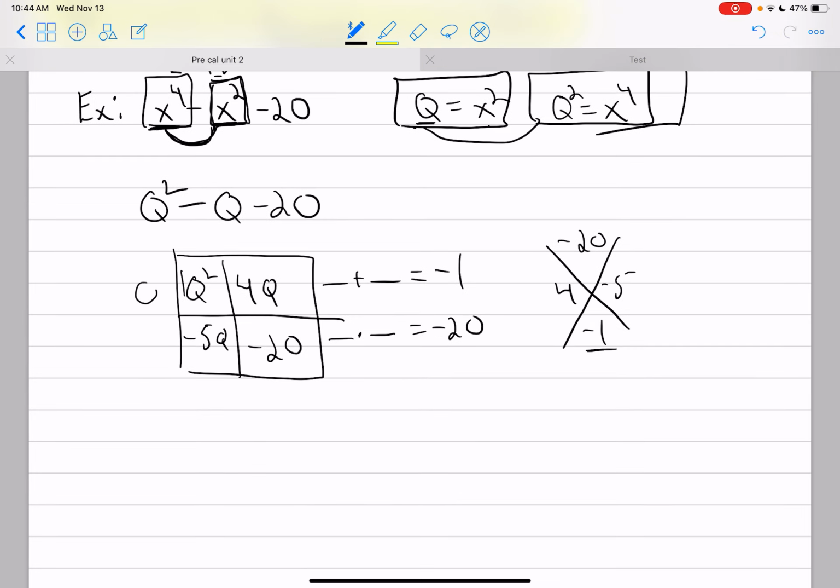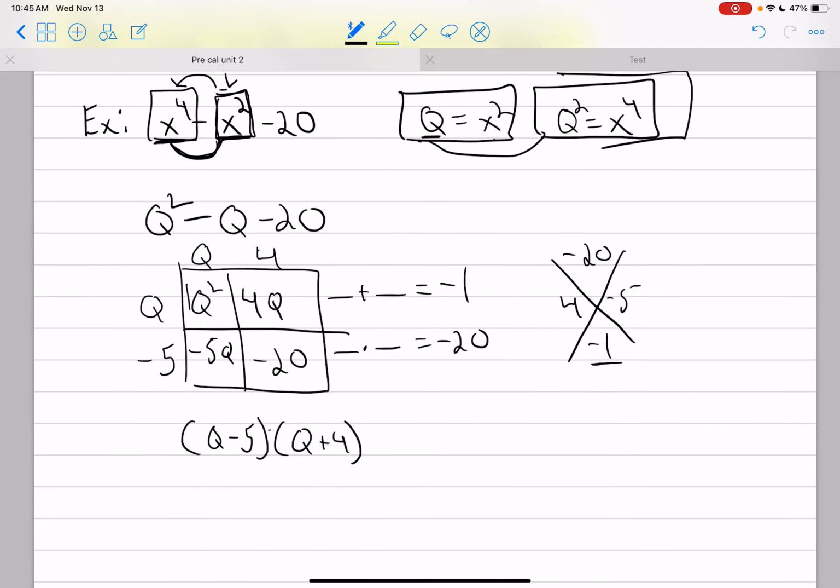I say, okay, this is q times q. This is q times 4. This is q times negative 5. Boom. So I end up with, oops, not x, q minus 5 times q plus 4.